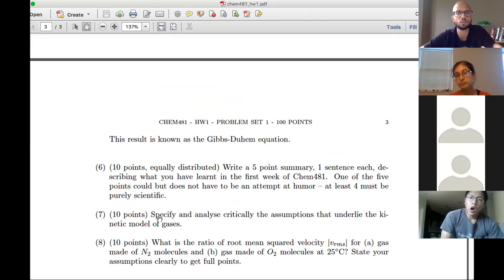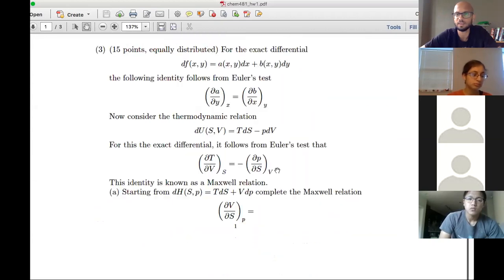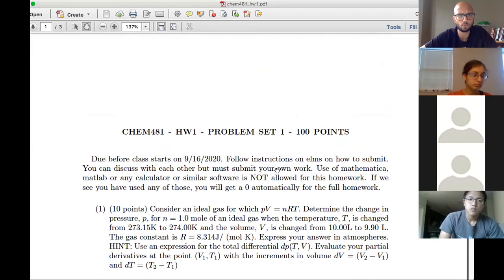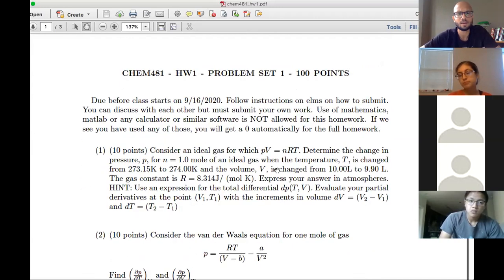This policy will change in coming homeworks, but since this homework is designed to get your math gears running, there is no point in you using any Mathematica, MATLAB, Wolfram, whatever for this one. So no calculator is allowed. And trust me, if you try to use a calculator, we can get a sense that you have done it. So please don't do it. Just be honest. We will be grading liberally, and I think you will enjoy it.